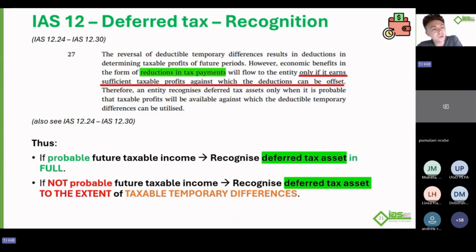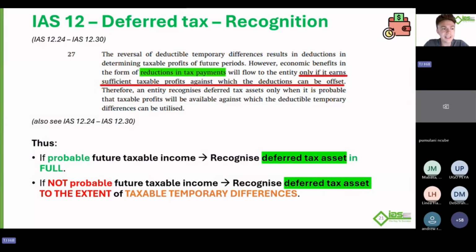If it's not probable, you can actually still recognize the asset, but to the extent of taxable temporary differences, which means that your DT asset will be limited to the sort of DT liabilities that came before it. Eventually, your result of the second bullet is that you will have a net DT asset/liability of 0.